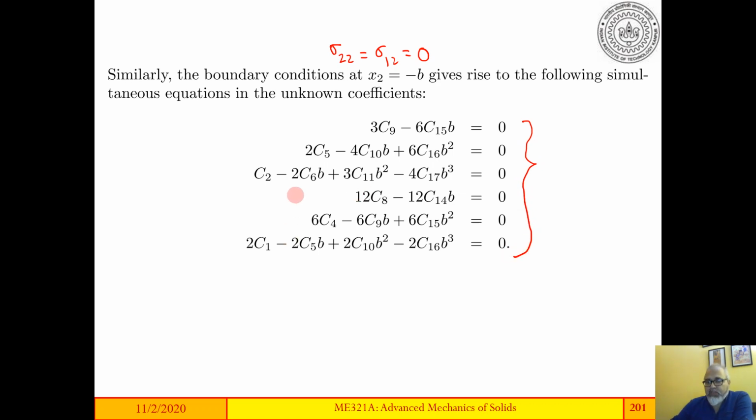So these are another set of equations that I will get from x2 equal to minus b. Now I am still left with the left hand side and the right hand side, and I will use only one of them, the right hand side, let's say, because it's symmetric.